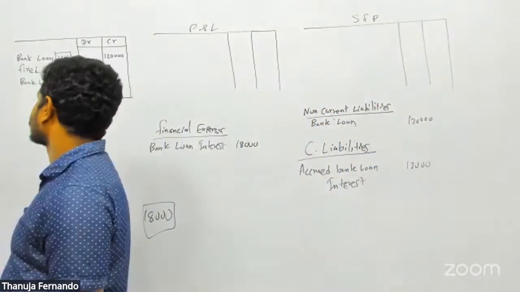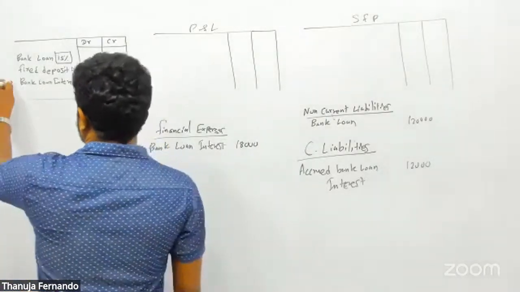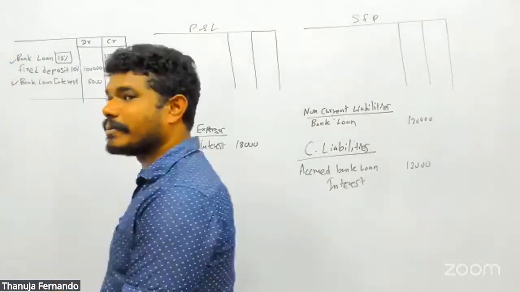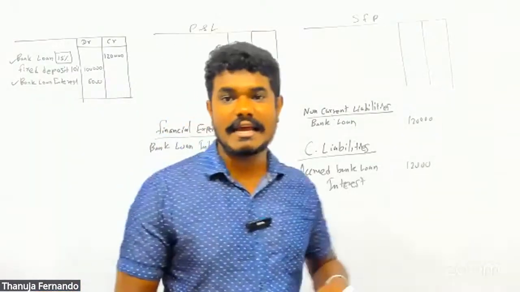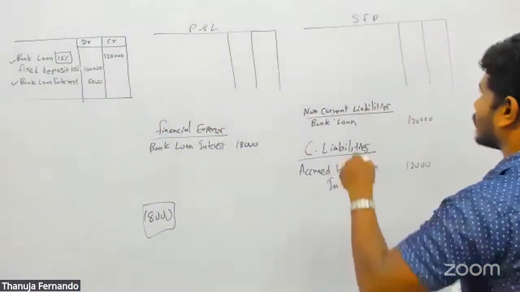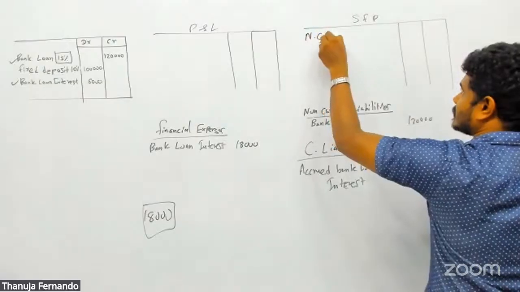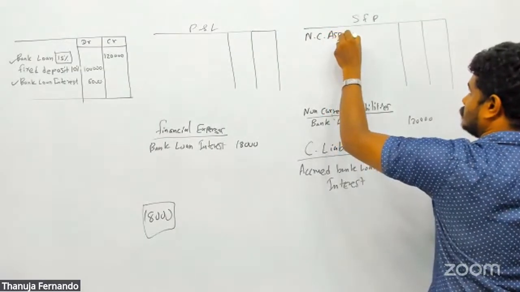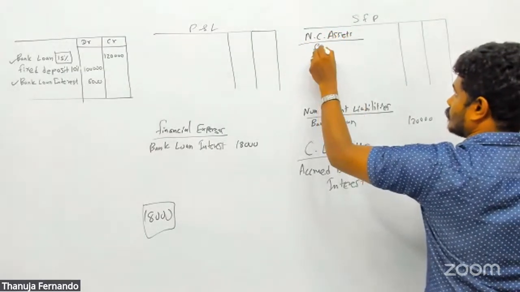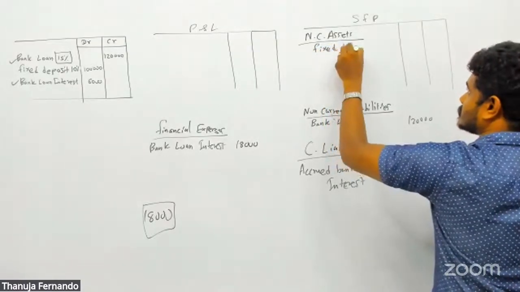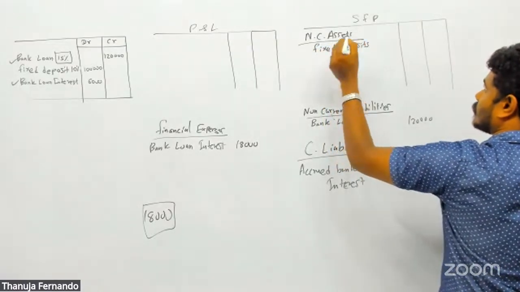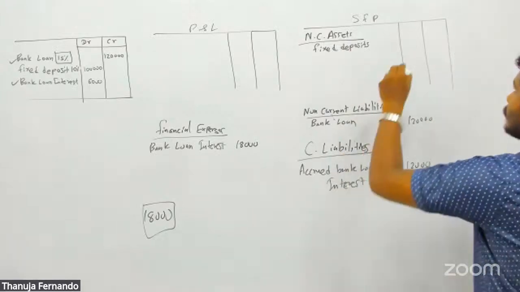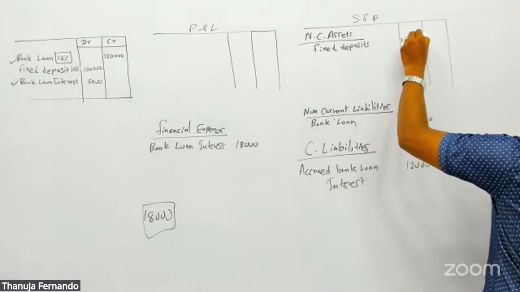Next one. So both these are okay. Fixed deposit. Fixed deposit is an asset. It is a non-current asset. Under non-current assets, record fixed deposits. How much? 100,000, right?